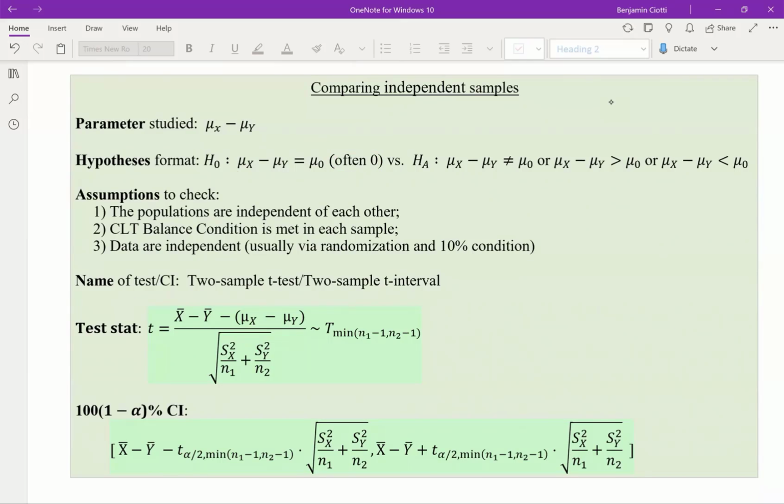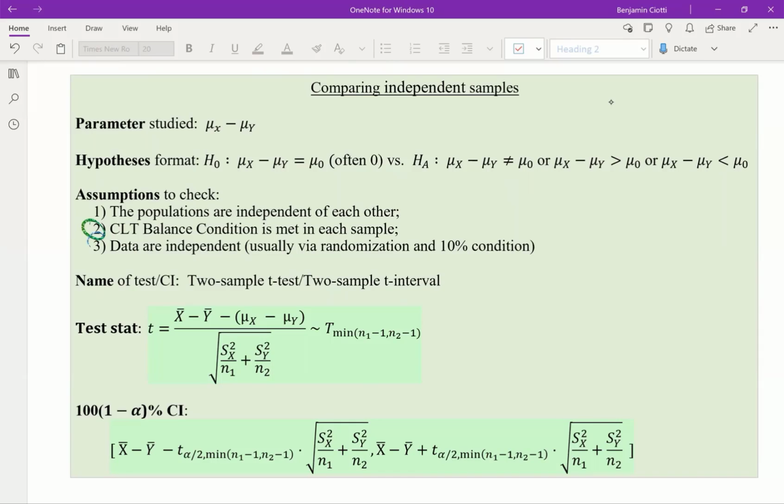And the alternate will be the usual two-sided or one-sided alternates. We have a new assumption to check in this case. So the first assumption is new, and it's right in the name of the test. You need the populations to actually be independent of each other.